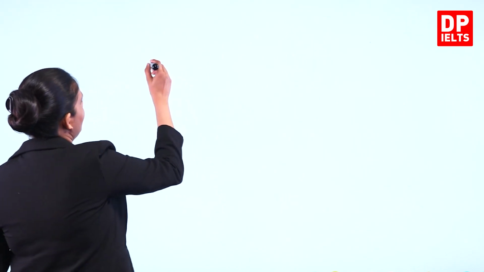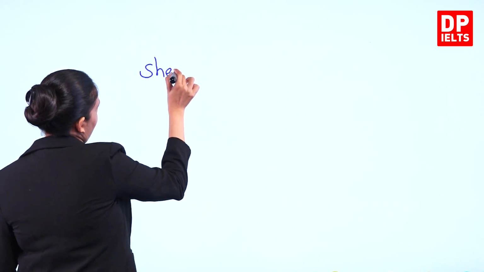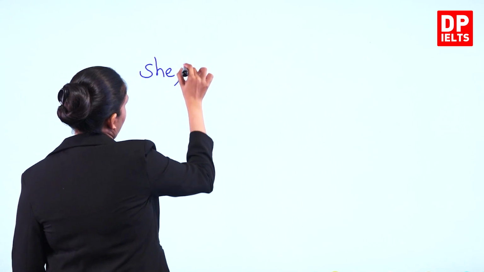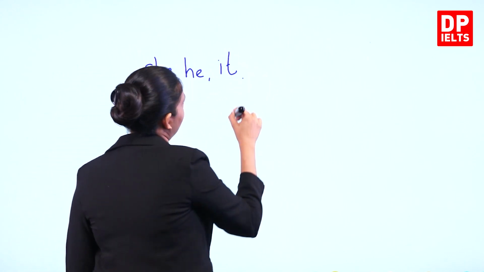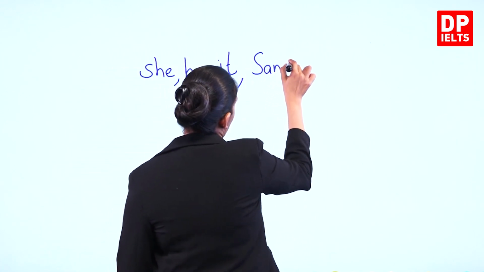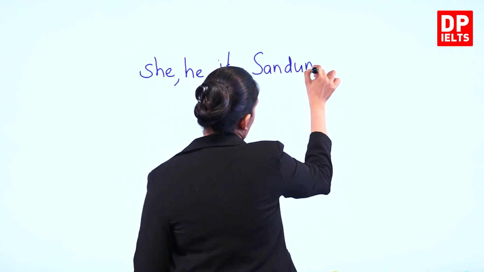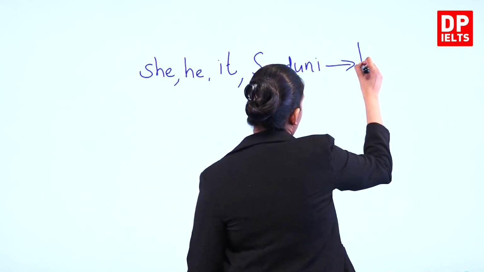Now if you remember, we did some examples, she, he, it, right? Now when we use she or he or it, or even let's take my name, Sanduni, you will use it with has.